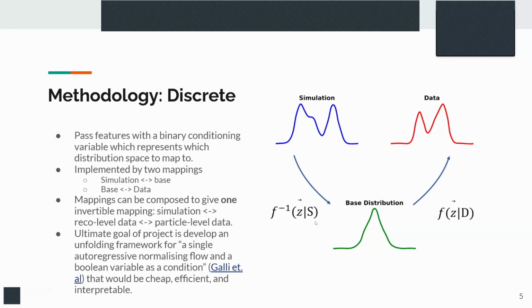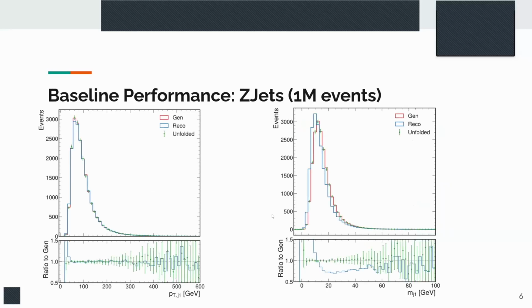We can compose both of these mappings to give one invertible mapping, so our simulation data or reco level data to particle level. That is the ultimate goal of this project: to develop an unfolding framework using a single autoregressive normalizing flow with a Boolean variable as a condition. This would be cheap, efficient, and, most importantly nowadays, interpretable, since the functions are invertible.